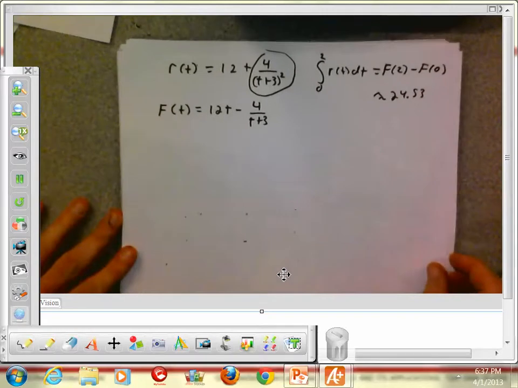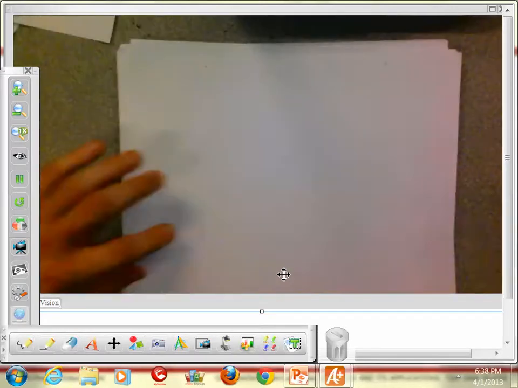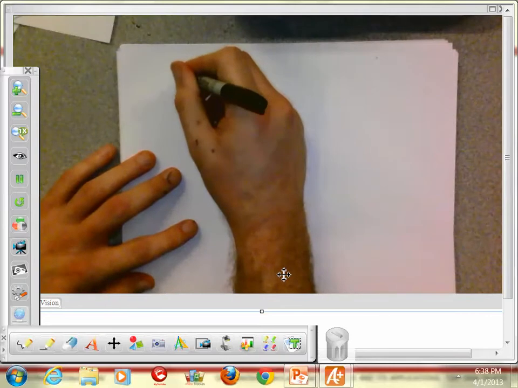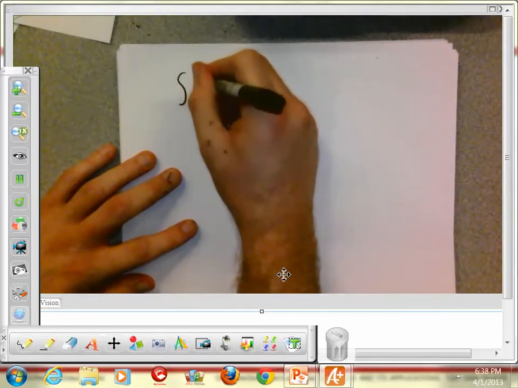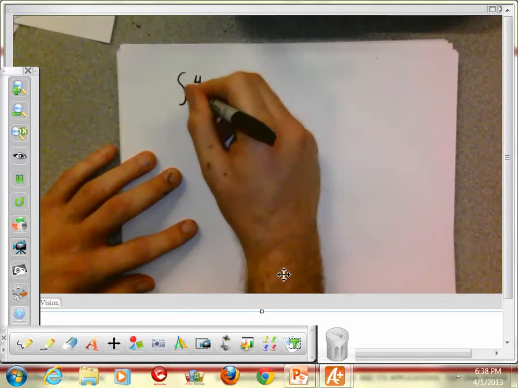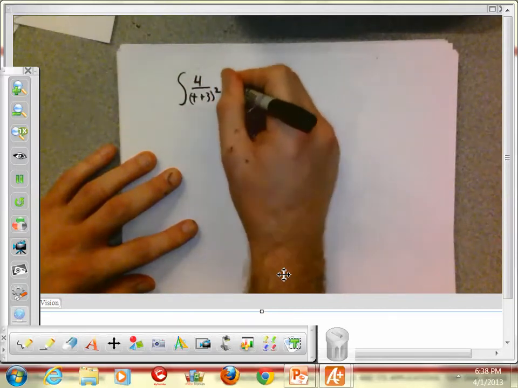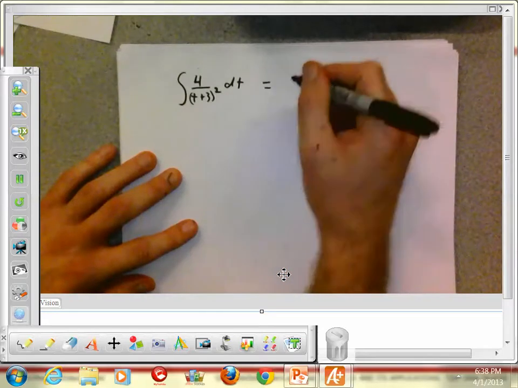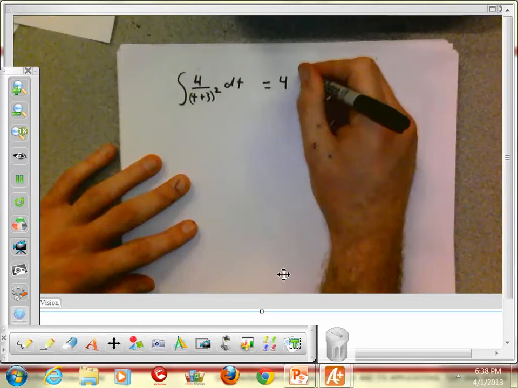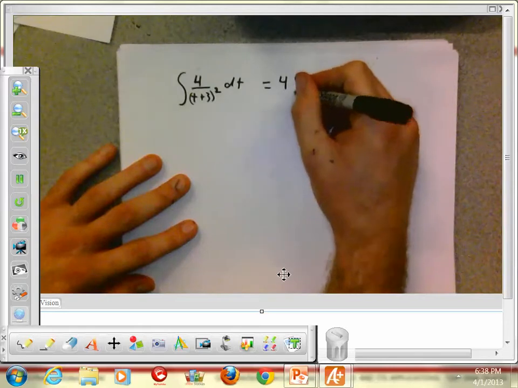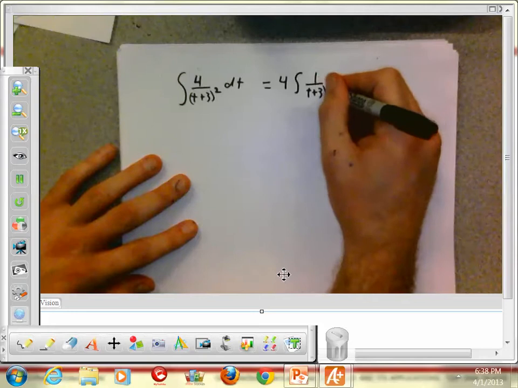So before we move on to part B, let's look at one of the terms we had to find the indefinite integral of, which was 4 over t plus 3 quantity squared dt, right? And of course I can pull the 4 out, and I'm going to write this as 1 over t plus 3 quantity squared dt.